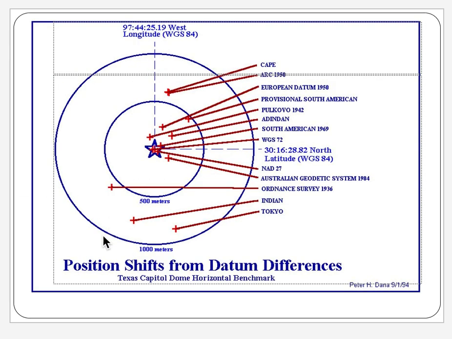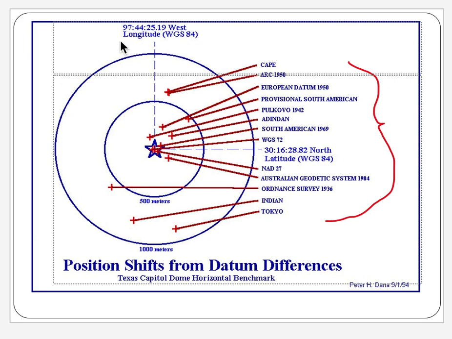Here is an example of position shifts from datum differences. These are the different types of datums, and again, as we learned, these datums are attached to different ellipsoids.